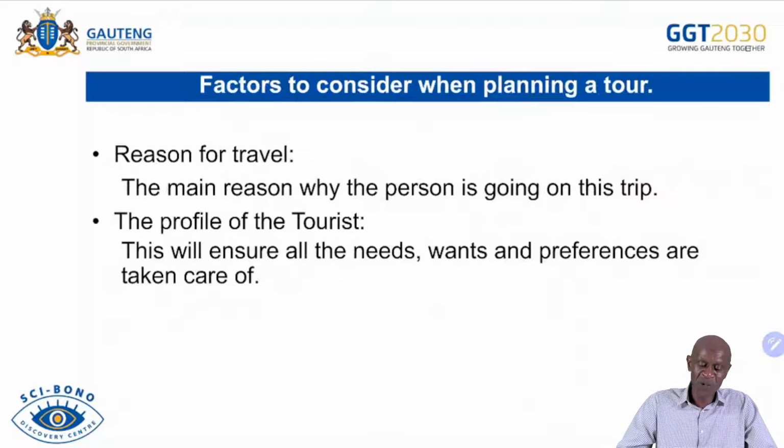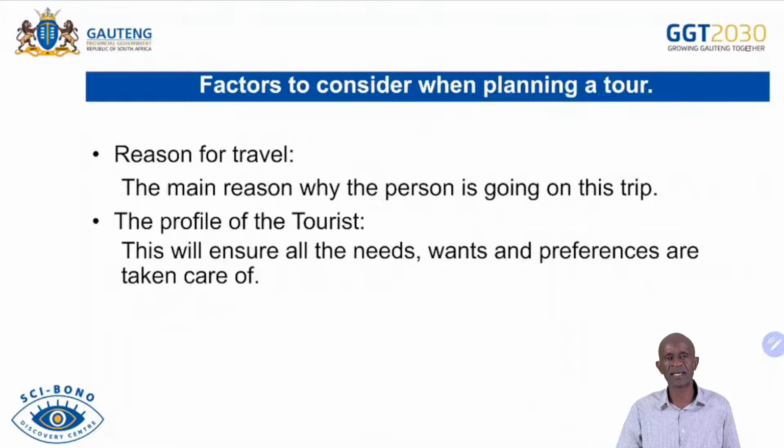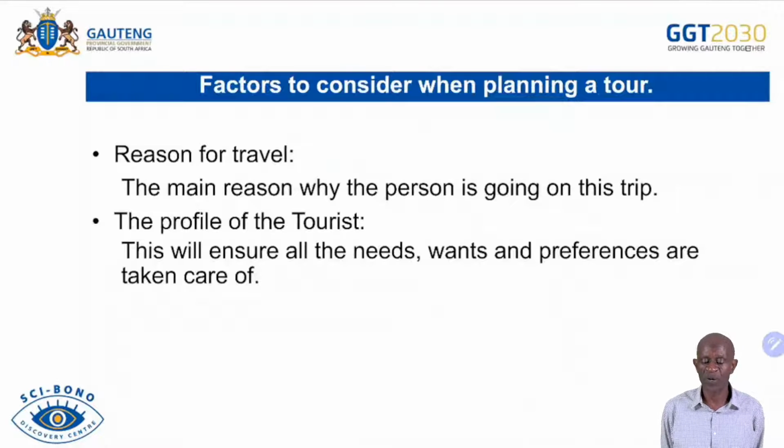So knowing your tourist will help you to arrange for his needs, for his or her preferences. So tourist profile is the underlying concept, is the most important aspect when you plan a tour. So that's where you come to meet the needs and wants as well as preferences of the tour.